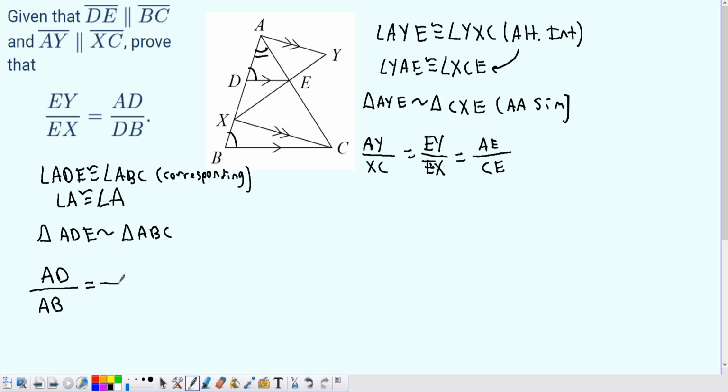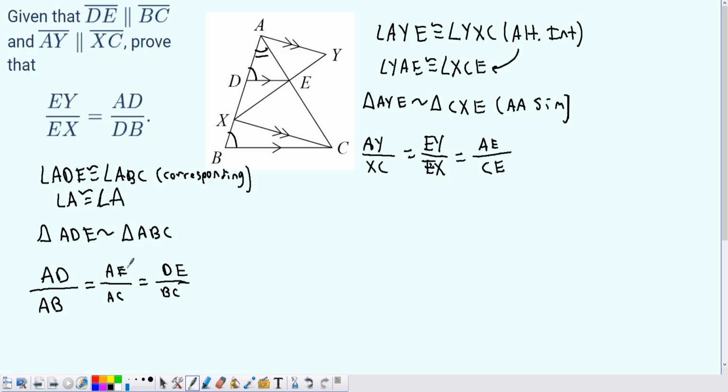And that is equivalent to, well, we have AE that seems to match up with AC. And then we also have DE matching up with BC, the two parallel lines.